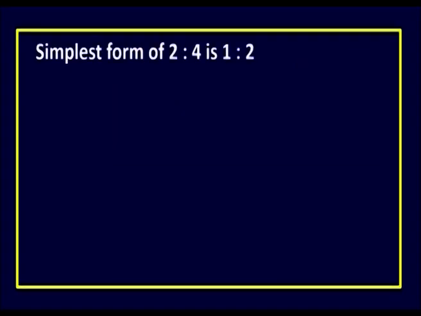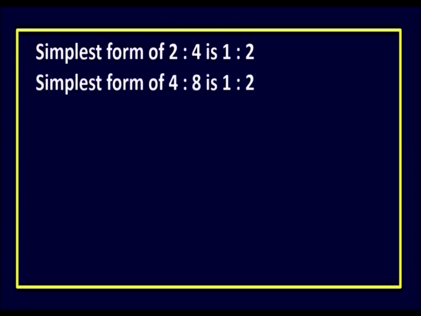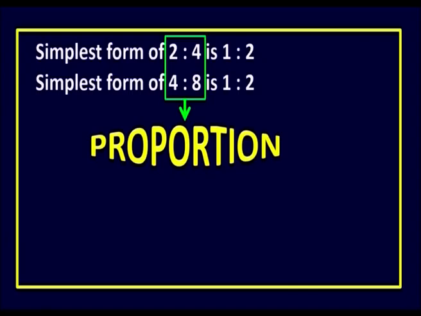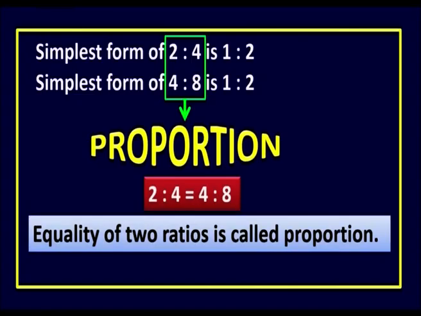Now, children, let us conclude from the above example. The simplest form of 2 is to 4 is 1 is to 2. Similarly, the simplest form of 4 is to 8 is 1 is to 2. And we have seen that 2 is to 4 and 4 is to 8 are, yes, equal ratios, isn't it, children? And these are said to be in proportion. That means, I can say that 2 is to 4 is equal to 4 is to 8, which means that equality of two ratios is called proportion.